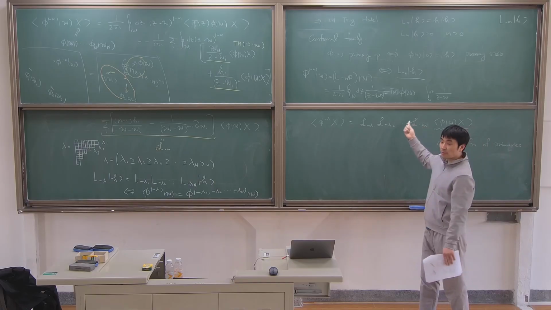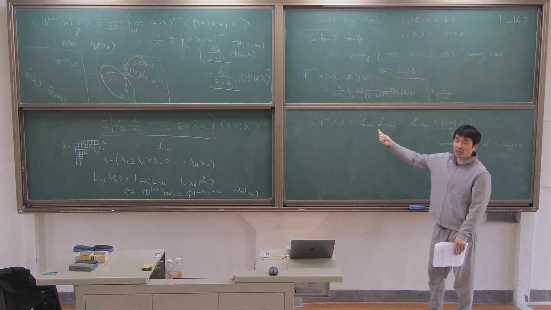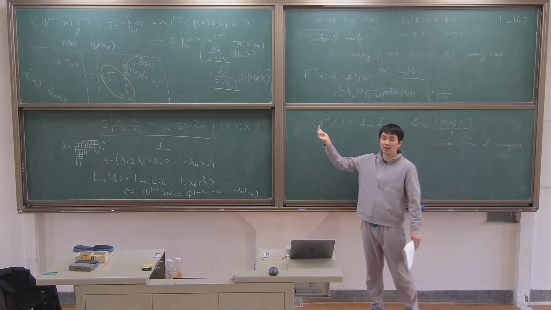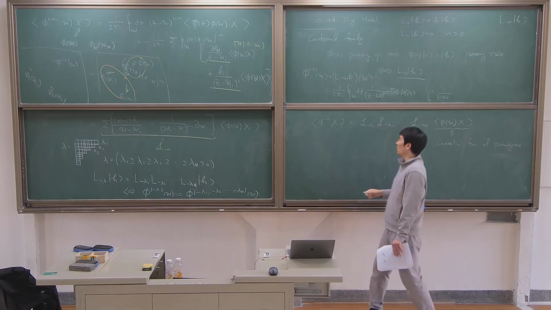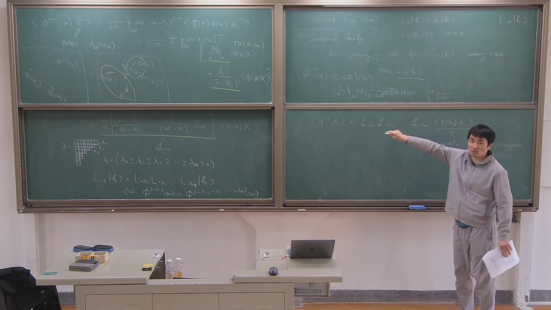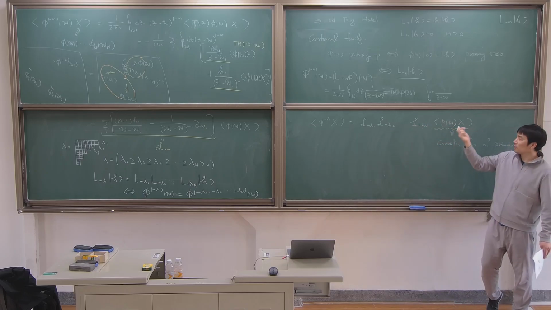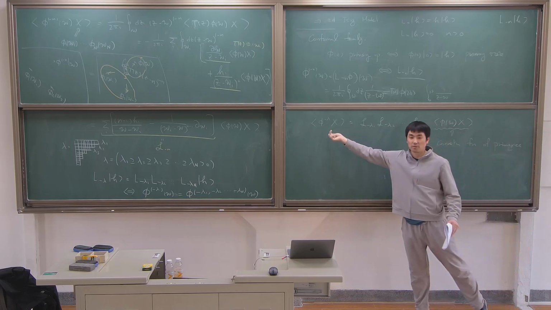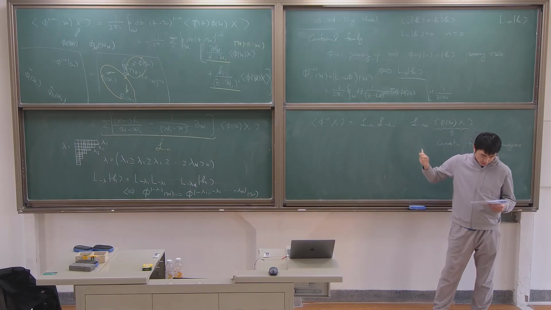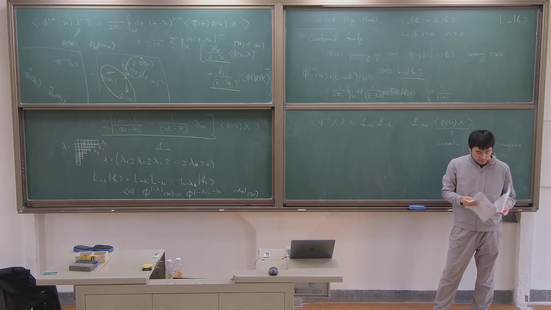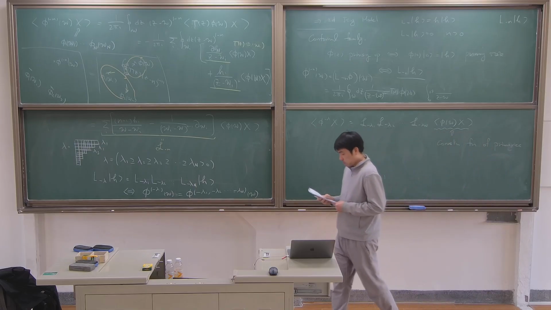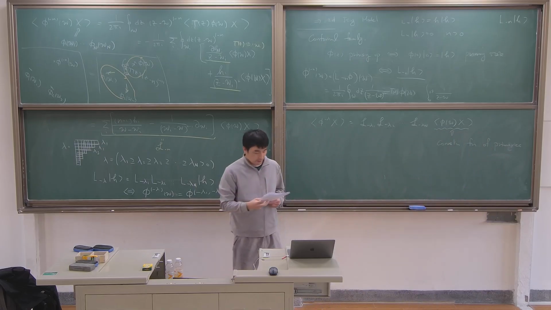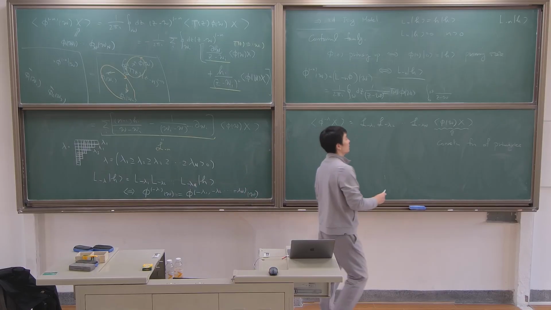So once you determine the correlation function of the primary, you just act with the differential operator to get the correlation function of the descendant. So once it's determined, you just apply some differential operator, and therefore this will be determined automatically.